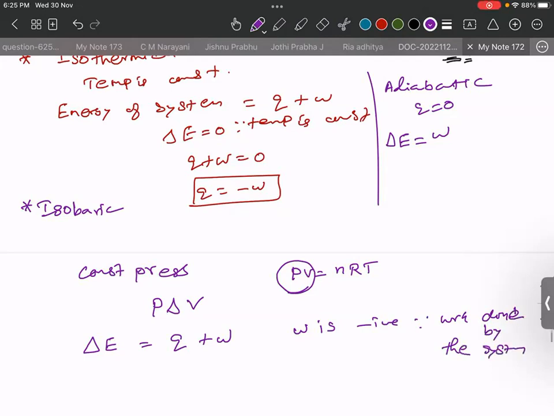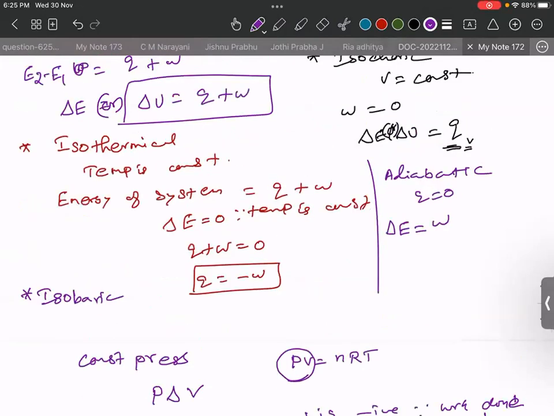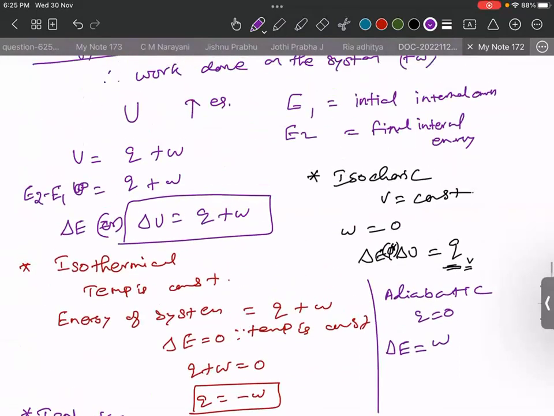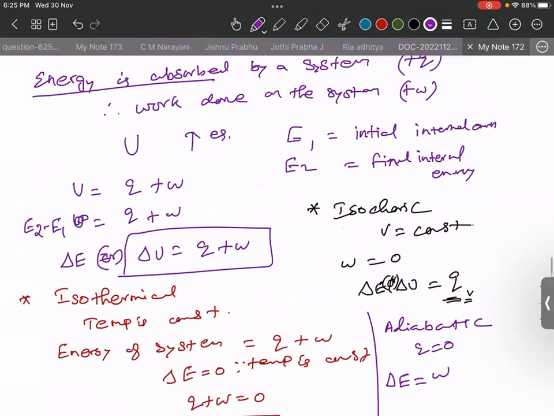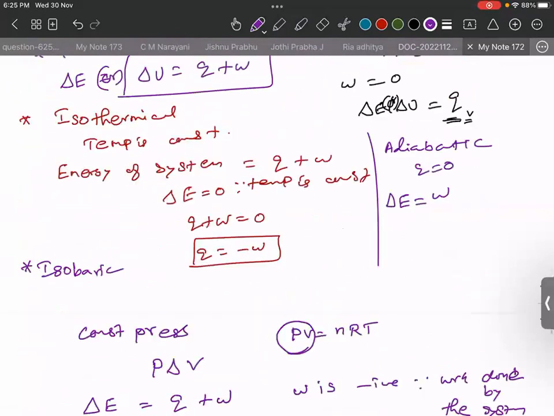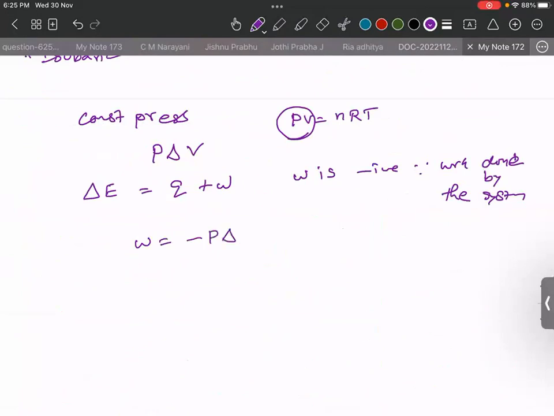Done on the system means, you look here, plus W, Q plus W. Done by the system, that's why W is negative. So W is equal to minus P delta V. So you put it in the equation: delta E is equal to Q minus P delta V.